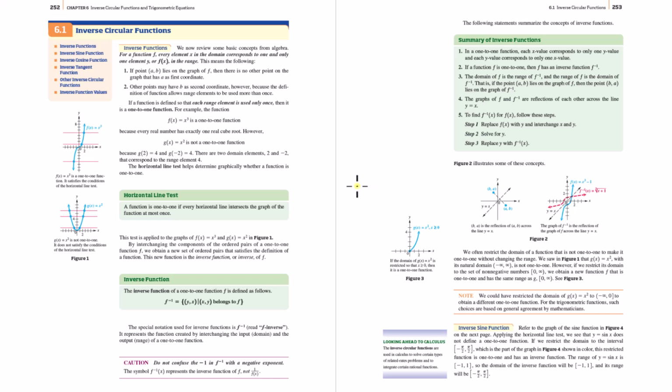Okay, but the main idea here, of what we're trying to determine when it comes to the inverse trig functions, is this. Remember the basic idea of an inverse: we start with just a variable, x. Nothing's been done to it. If we perform an operation on it, based on any of the operations on variables that we've learned in algebra and in trigonometry, those operations are the trig functions.